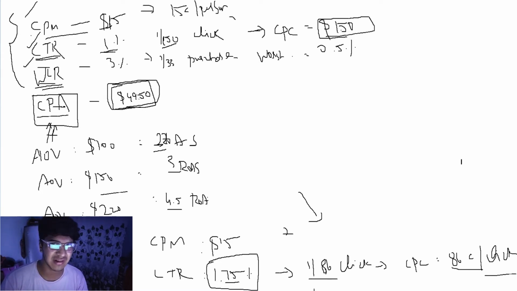This is not exact numbers, but yeah, you get the idea. These are the average numbers, 2 ROAS, 3 ROAS. Then let's say you have an AOV of $220, then that's going to give a 4.5x ROAS.